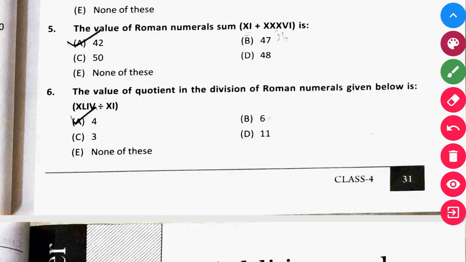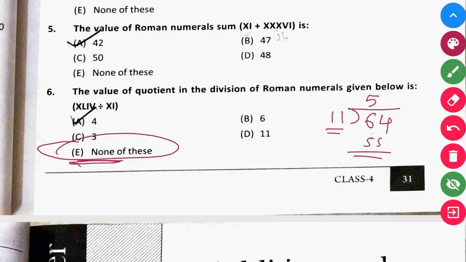Value of the quotient in the division of the Roman number. Now 64 is divided by XI, meaning 11. 11 ones are 11, 11 fives are 55, but 5 is not there. I think none of these is the answer.